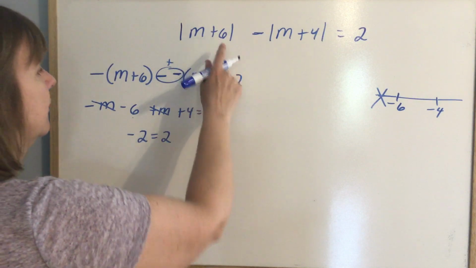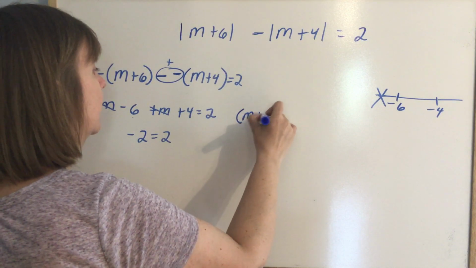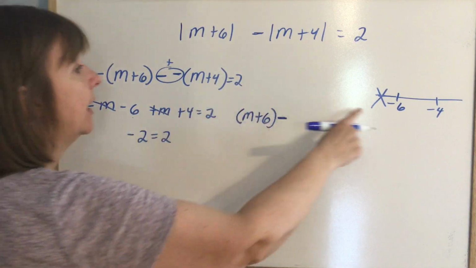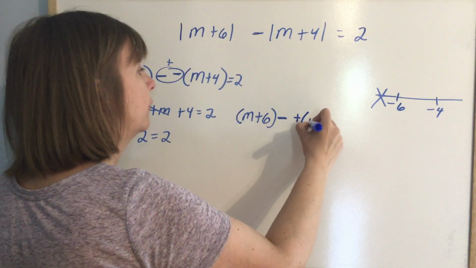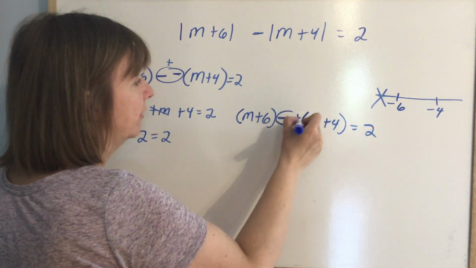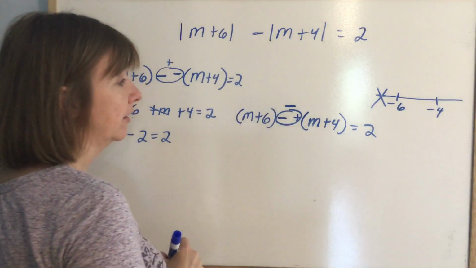Negative 5 plus 6 would be a positive 1. So it's going to be m plus 6. The minus is there, so I'm going to put it there. And if I do negative 5 plus 4, that is a positive m plus 4 is equal to 2. Now this time I have a negative and a positive together, meaning that is minus.